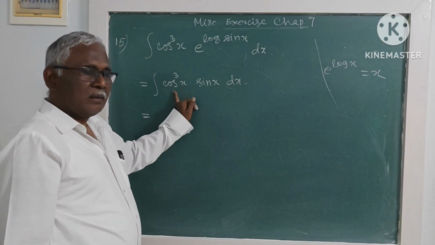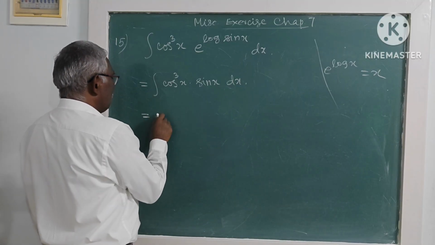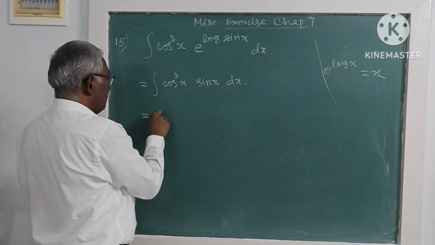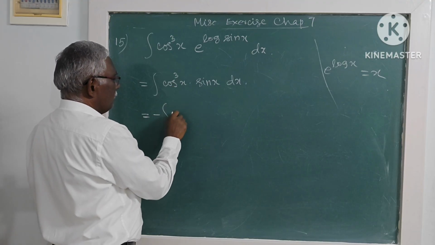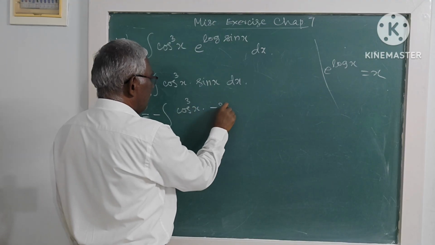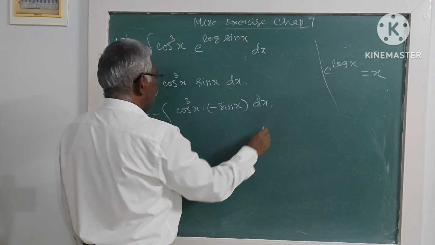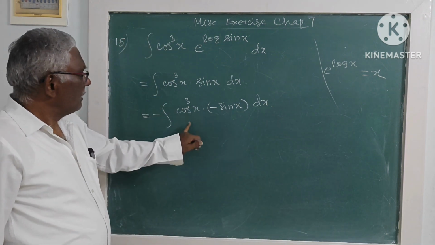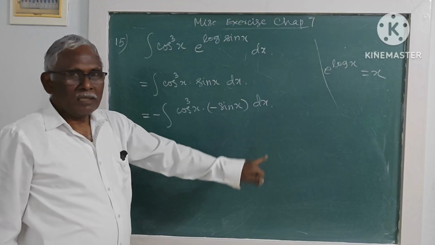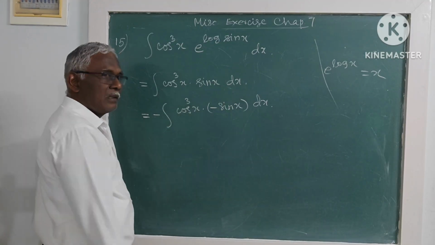Now if we take cos x as y, minus sin x dx becomes dy. So we will take minus of cos cube x into minus sin x dx. Why am I writing like this? If we take cos x as y, minus sin x dx becomes dy. So minus into minus is plus, cos cube x sin x is there.